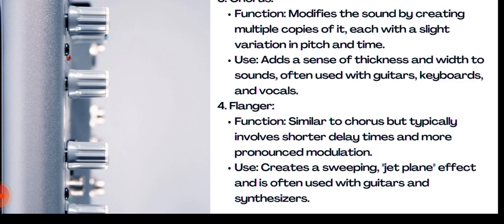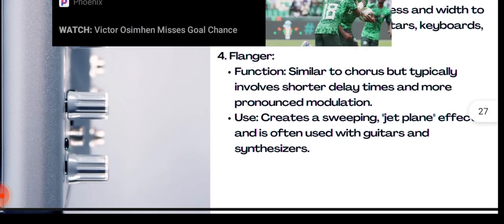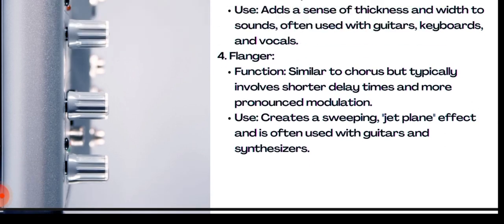Number four, flanger. Function: similar to chorus but typically involves shorter delay times and more pronounced modulation. Use: creates a sweeping jet plane effect and is often used with guitars and synthesizers.